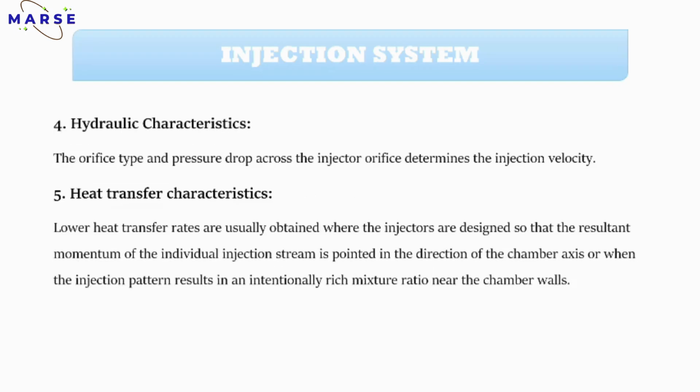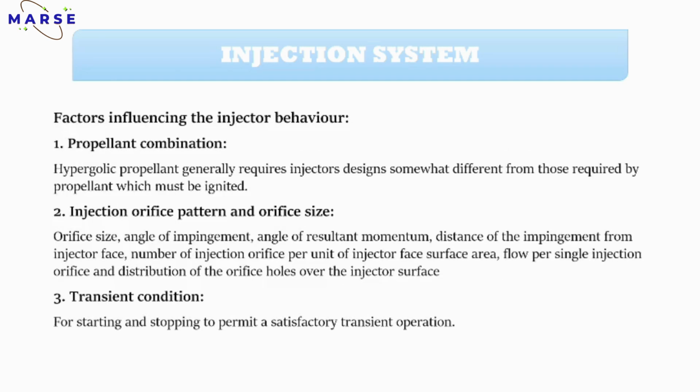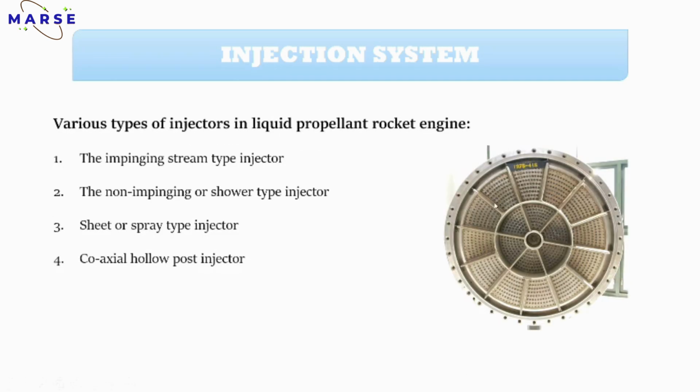Fourth one is the hydraulic characteristics. Hydraulic characteristics means the orifice type and the pressure drop across the injector orifice determine the injection velocity. For example, these types of arrangement are present in the actual rocket. These arrangements have a particular orifice diameter, orifice area, that small port area, then the thickness and the length of it.